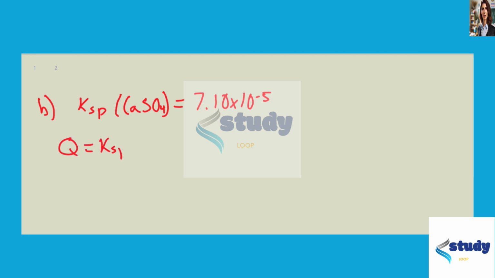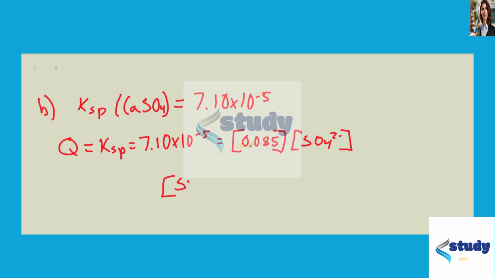Q is equal to KSP, which is equal to 7.10 times 10 to the minus 5, which is equal to the concentration of calcium, which we're given as 0.085, times the concentration of sulfate. So when we solve for the concentration of sulfate by dividing both sides by 0.085, we get 8.35 times 10 to the minus 4 molar.